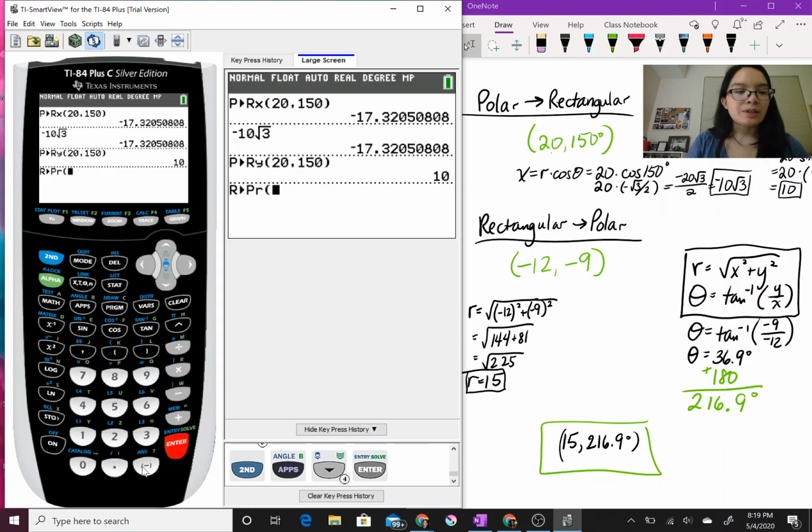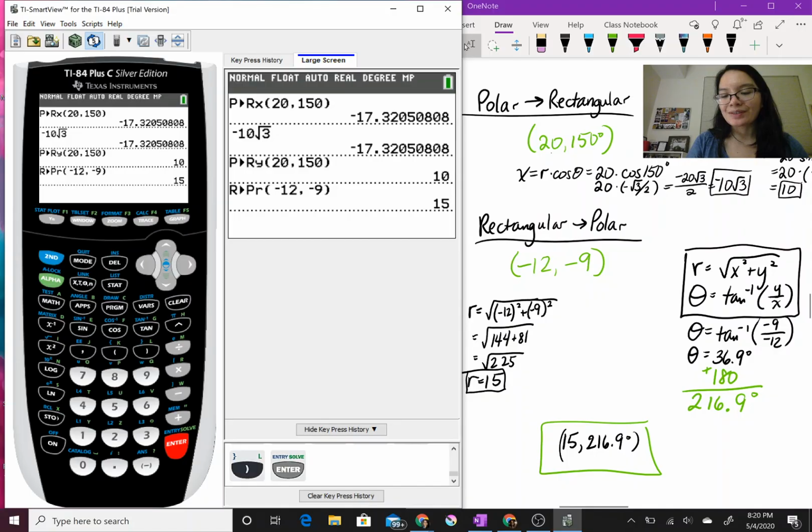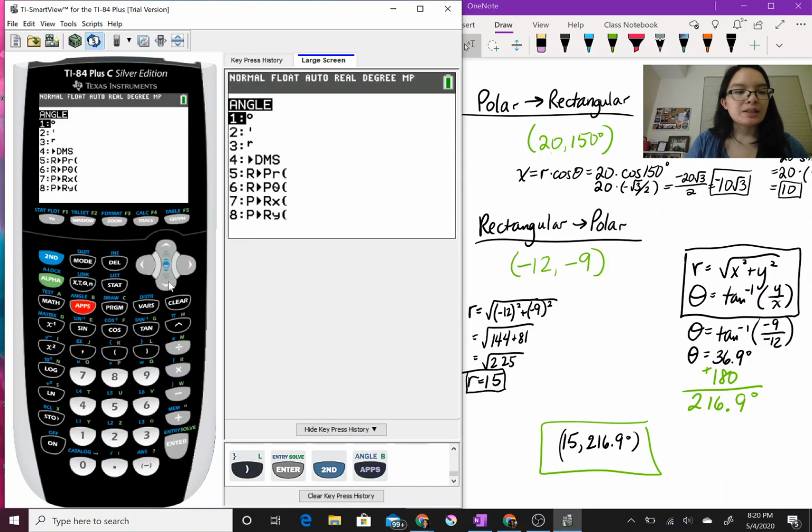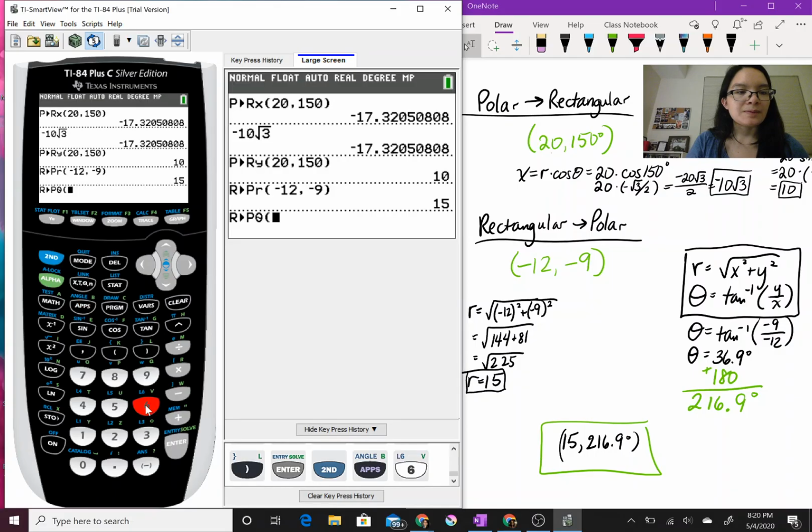And I'm going to input negative 12, just make sure you're using the correct key for the negative sign, comma, negative 9, close parentheses, and I have 15, which is what we found over here before. And again, going back here to theta, I could just click 6 to get that same function, okay? And I will put in again negative 12, comma, negative 9.